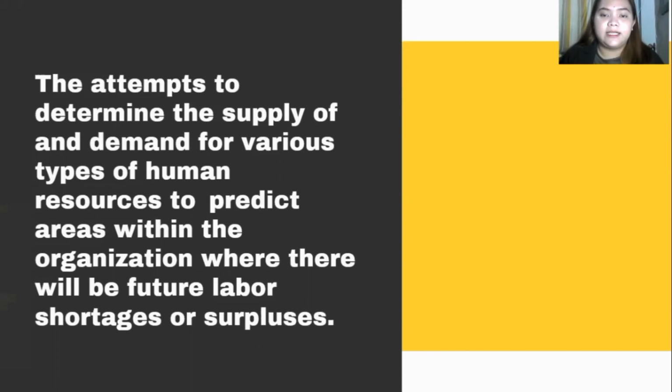Forecasting is like predicting what will happen in the future, or the prediction of outcomes. It is used to plan capital expenditure for a new plant and equipment. So why do some companies do forecasting? They attempt to forecast so that they will know if there will be a labor shortage or surplus in the future.